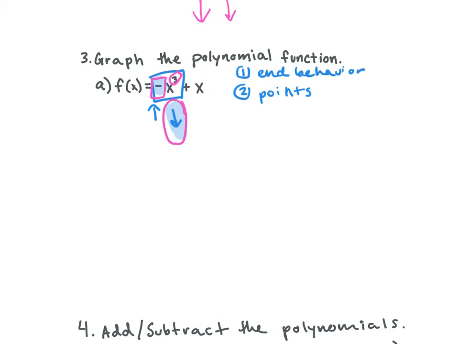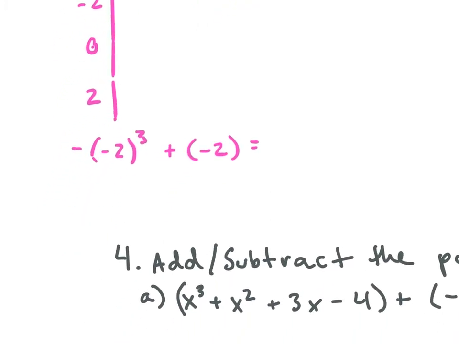Okay, now we can plug in points. Let's just plug in -2, 0, and 2. So when we plug in -2, we have negative times -2 cubed plus -2. Here we just have to be careful with our signs, because we have this negative on the outside of our parentheses, and we have one inside of our parentheses.